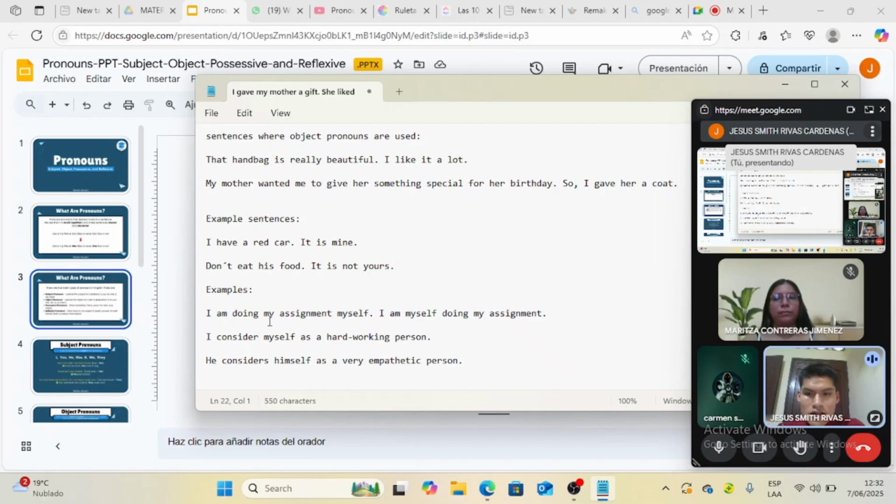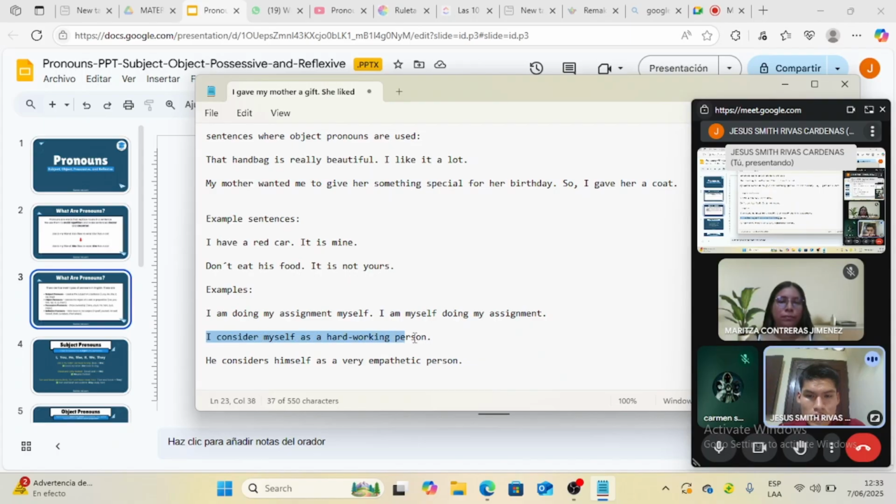Entonces, the second example is, I consider myself as a hardworking person. Here, myself is used after the verb consider to make this verb a pronominal verb.